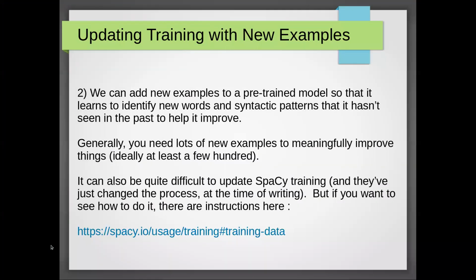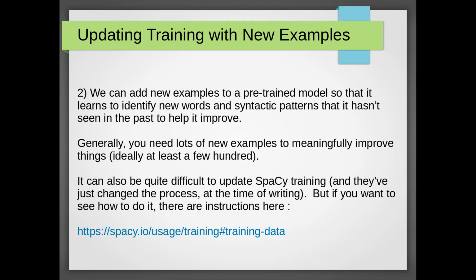The other way in which you could try and improve things would be to essentially add to the training, via a process known as updating the Spacy training pipeline, which sounds very exciting. Basically, as you've seen so far, Spacy uses a pre-trained model.